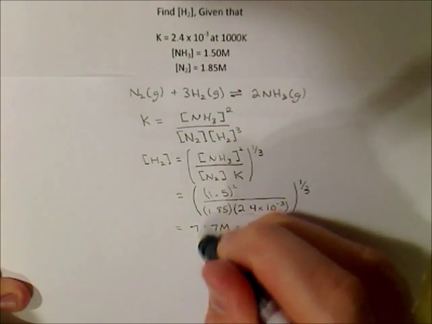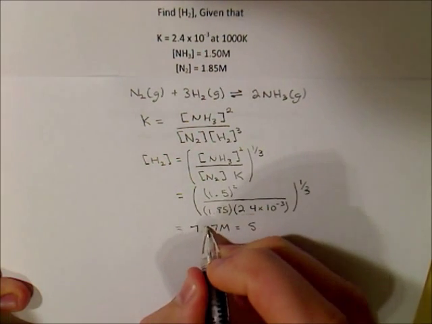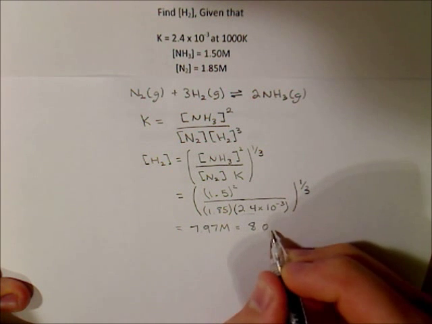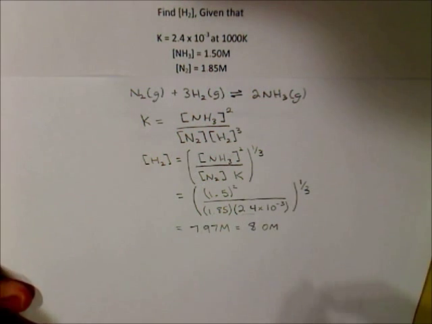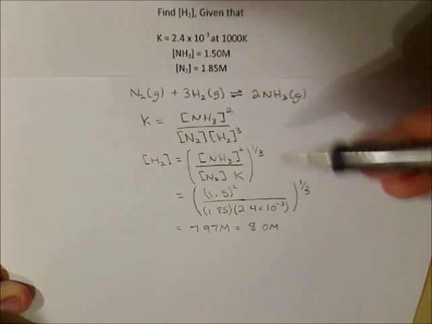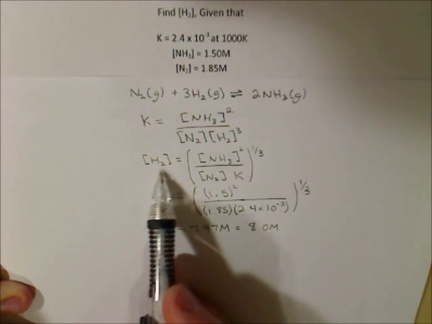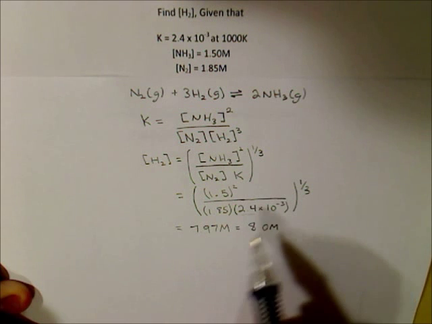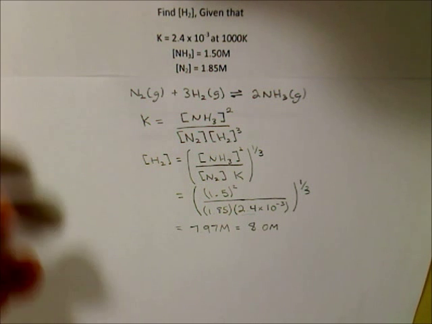That's 7.97, so our answer should be 8.0 molar. So as always, balance the equation first, find your K, solve for it algebraically, don't plug in numbers until the end, and then make sure your significant figures match up.